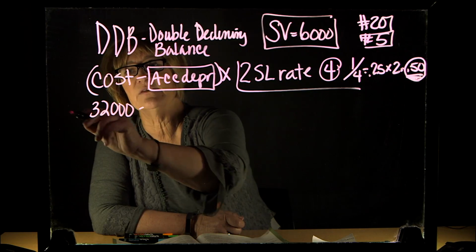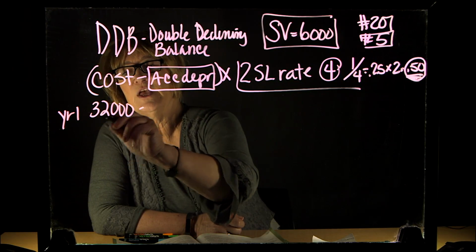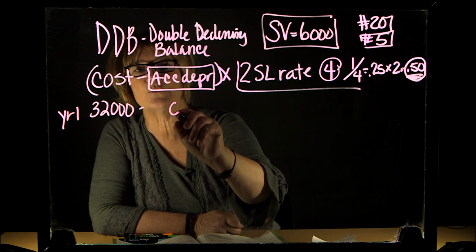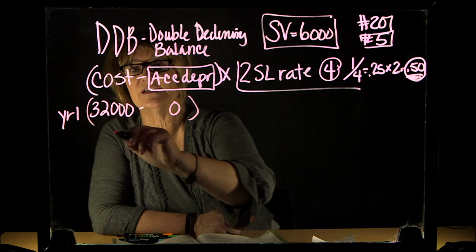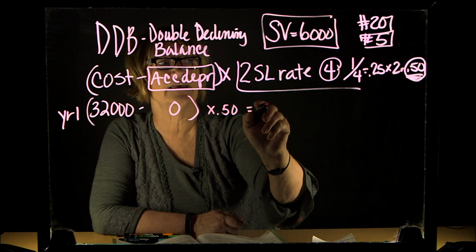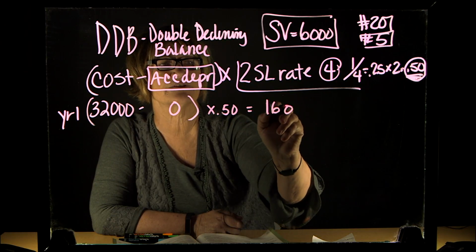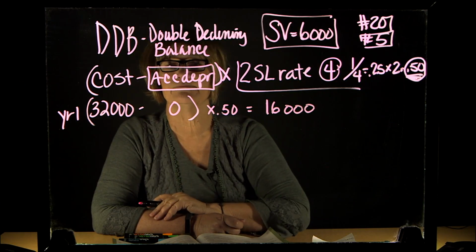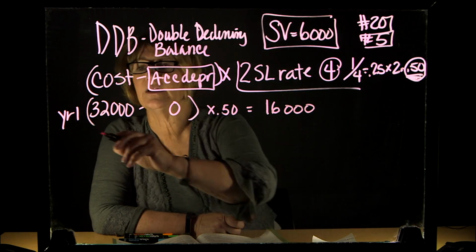So in this formula for year 1, we have 32,000 minus, we don't have any depreciation because it's the first year, times 50% equals 16,000, right? That's year 1.